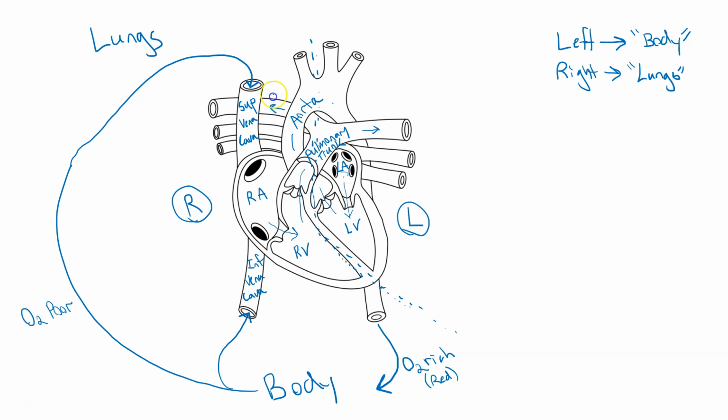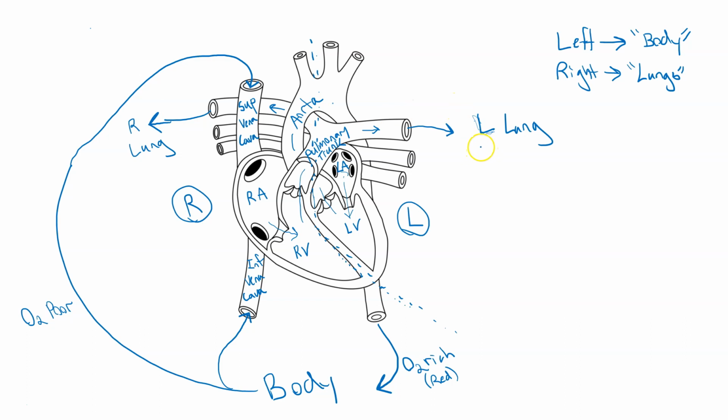All right. So we'll have blood going to one lung. So this would be the right lung. We'll have blood going to the left lung. From there, it will receive oxygen. Okay.